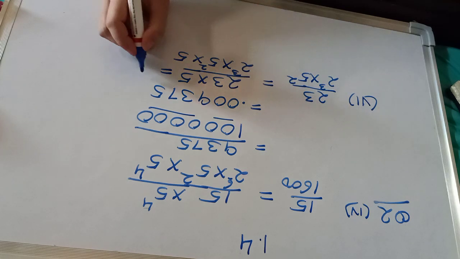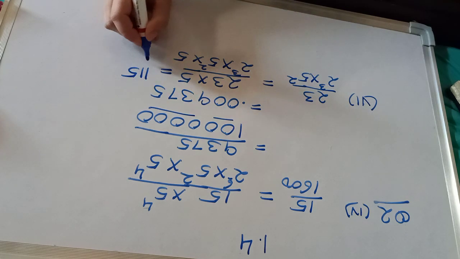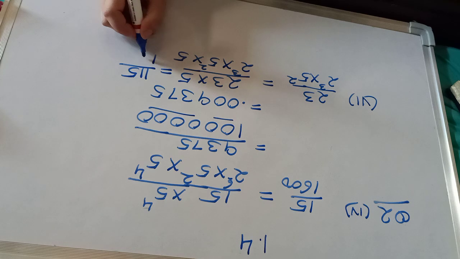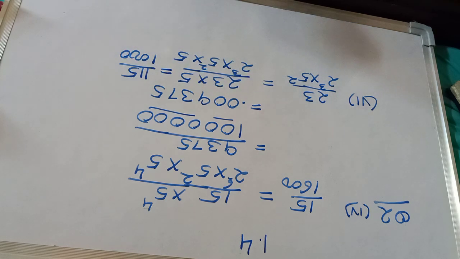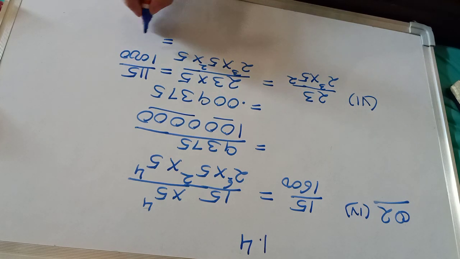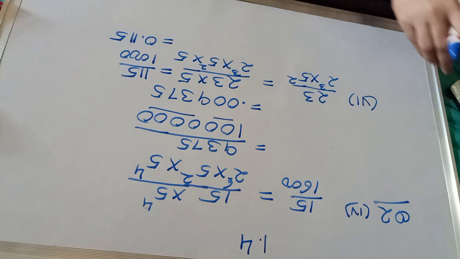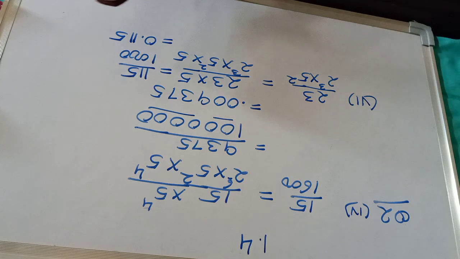So we'll get 115 upon, how many zeros? 3 zeros, and the decimal expansion will be 0.115. After decimal I need 3 digits.